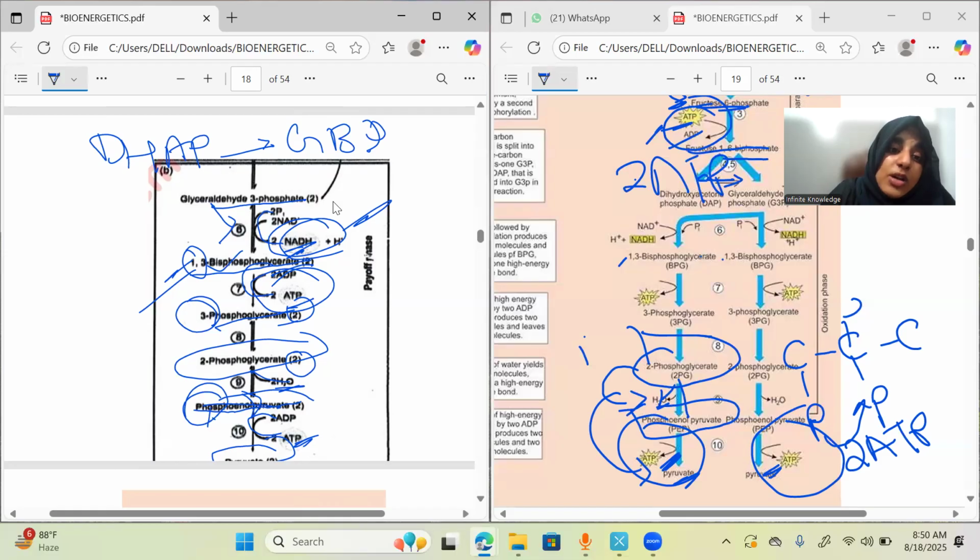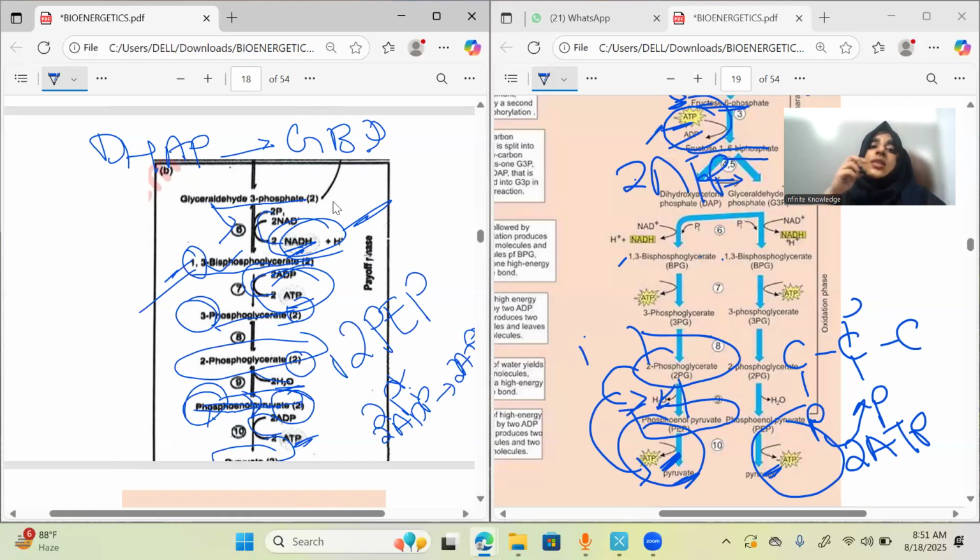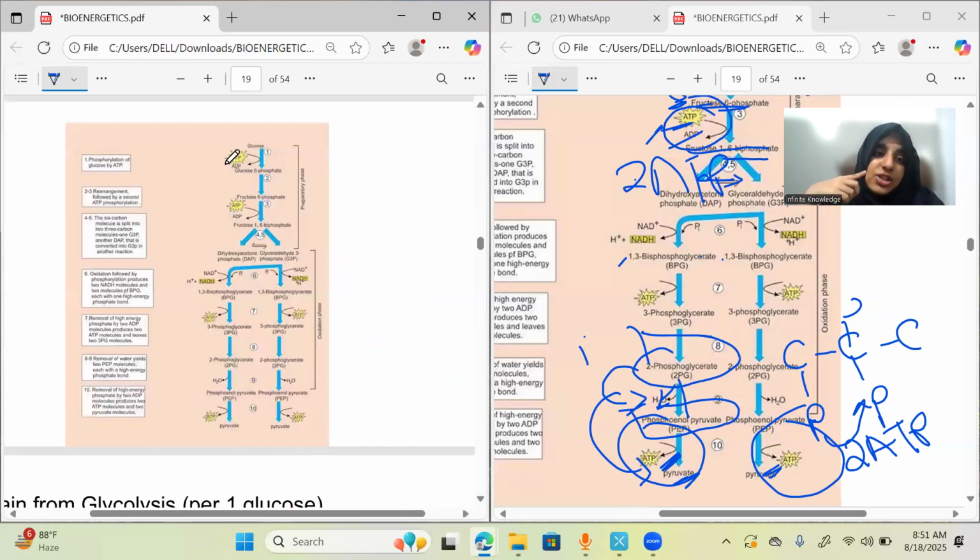There are two phosphates because there are two molecules of PEP. So it gives one phosphate to one ADP and the other phosphate to the other ADP. So two ADP are converted into two ATP with the help of this reaction. I hope you guys understand it now.